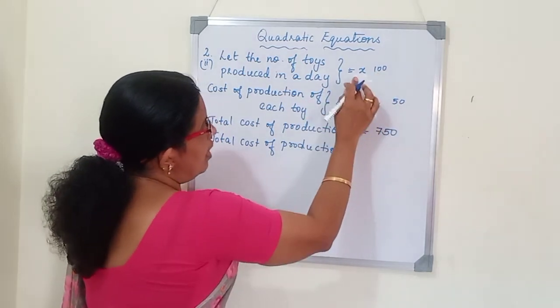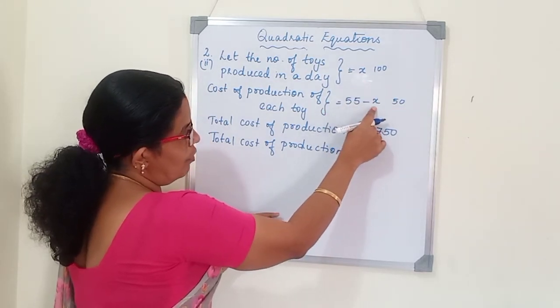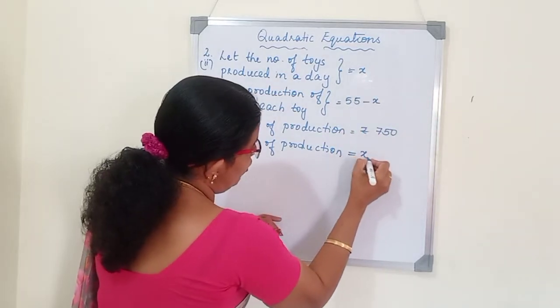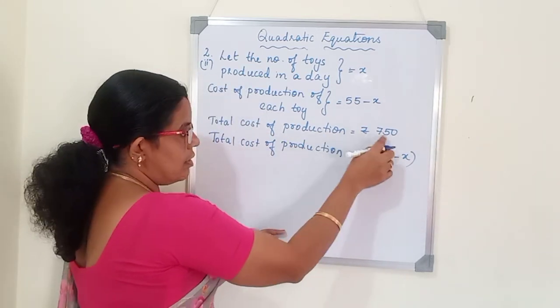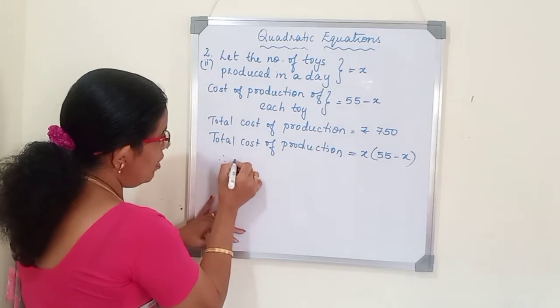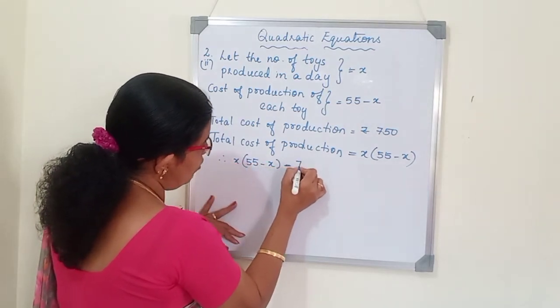The same way, the number of toys produced is x and the cost of one toy is 55 minus x, so the total cost is x into 55 minus x. They have given that the total cost is 750 rupees, so we can equate these two. Therefore, x into 55 minus x is equal to 750.